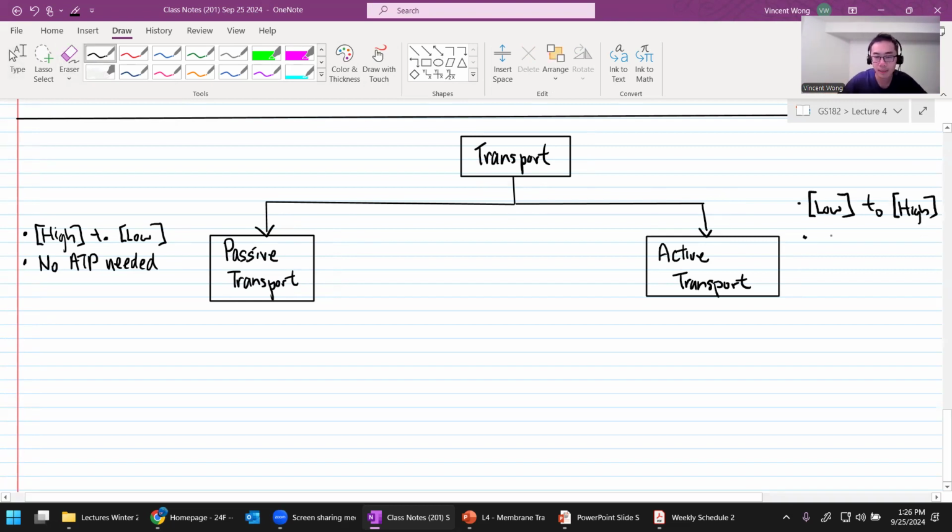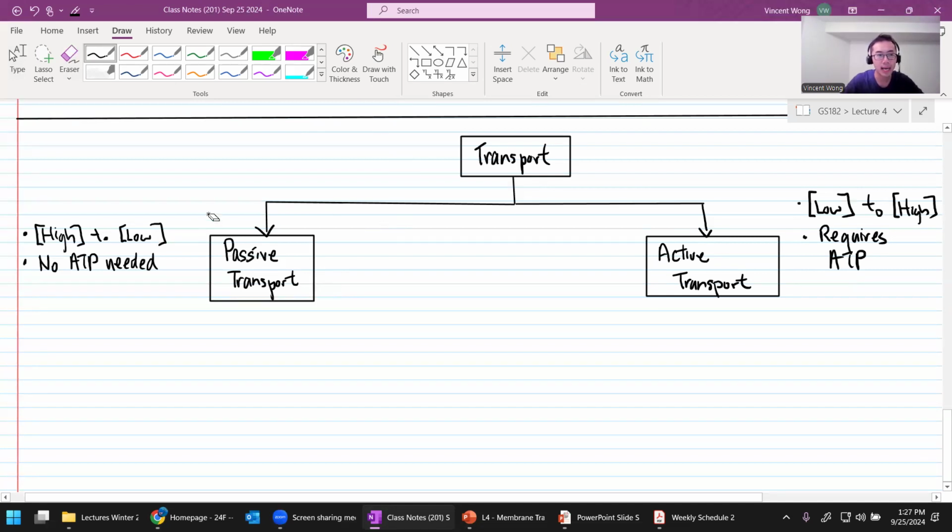Requires ATP. Okay. So the first thing I told you today is that we can use ATP for various things in the body. Mechanical work, as in moving body parts. Transport work, as in active transport. Okay, so if we want to move things against their concentration gradient, we need to do active transport.